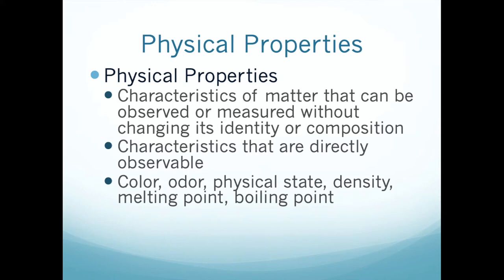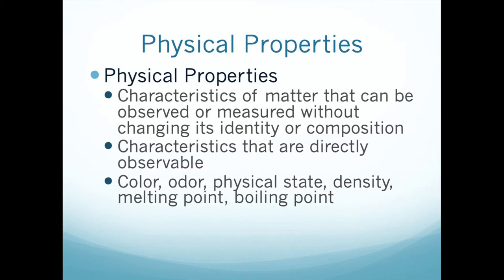So for example, if I take a block of ice and I melt it into liquid water to confirm that yes, its melting point is 0 degrees Celsius, it's still made up of water molecules. Whether it's in ice or liquid water form, that's still water molecules making up that substance.